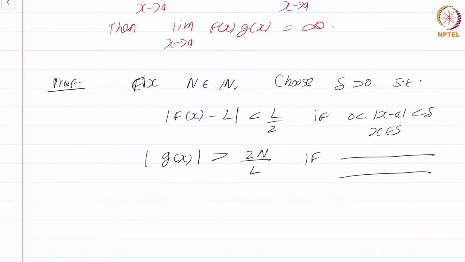This can be done because you can choose delta such that the first condition is true, and you can choose delta such that the second condition is true. Therefore, you can choose a delta that is the minimum of both, such that both conditions are satisfied.